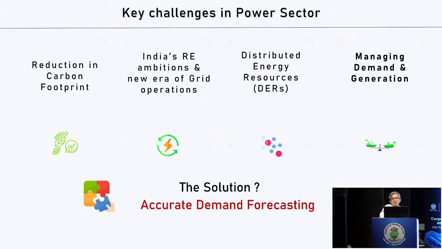I already mentioned in the morning, it is more important to the generation system since the majority of the cost towards average cost of supply to a consumer, 2/3 plus goes to generation.